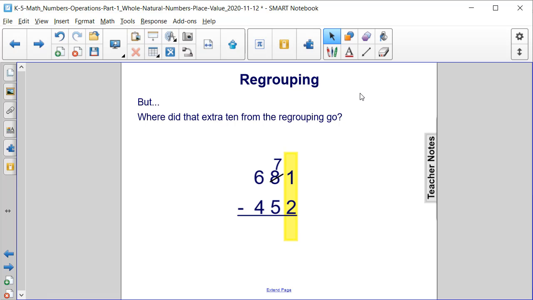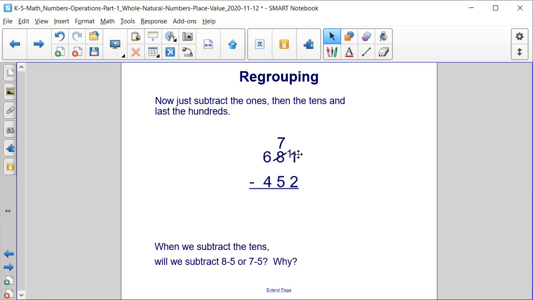But where did that extra 10 from the regrouping go? Here it is. We carry it over into the ones column. So again, we're taking 600 plus 80 plus 1, and we're rewriting it as 600 plus 70 plus 11.